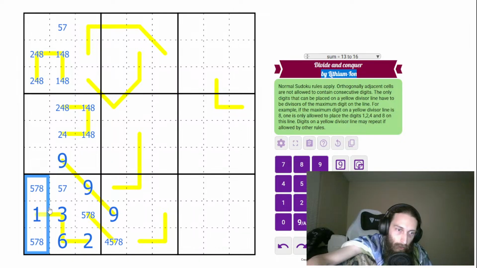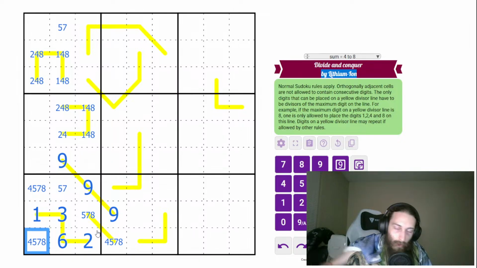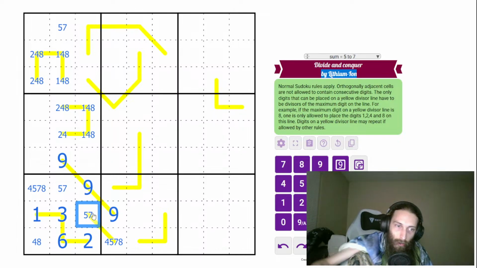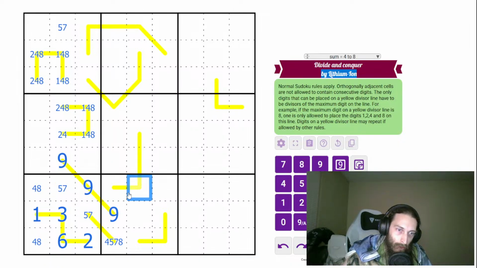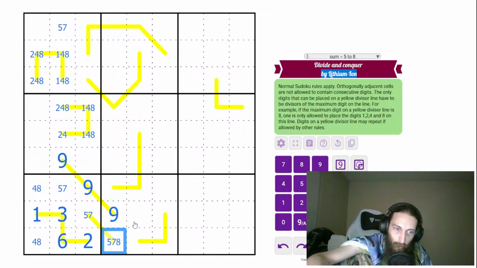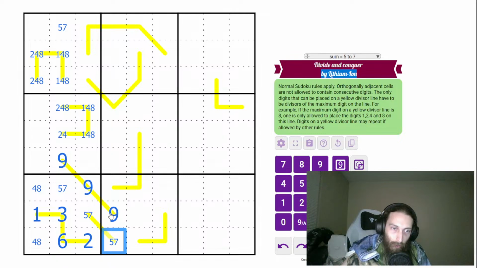Five, 7, 8, and 4. Can't have 5 or 7 next to a 6. You can't have an 8 next to a 9. So now 4 isn't 5 or 7, and 5 and 7 aren't part of 8, so now those two are the same.